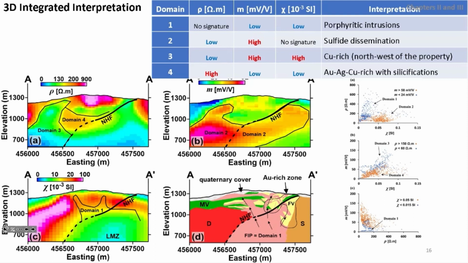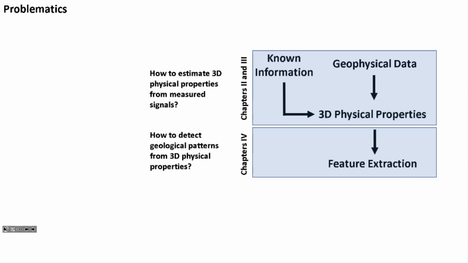susceptibilities and chargeabilities and low resistivities due to the presence of more magnetite-bearing rocks and sulfides. And finally, domain 4 is also a gold, silver, copper-rich zone with low susceptibilities, low chargeabilities, and high resistivities due to silicification.